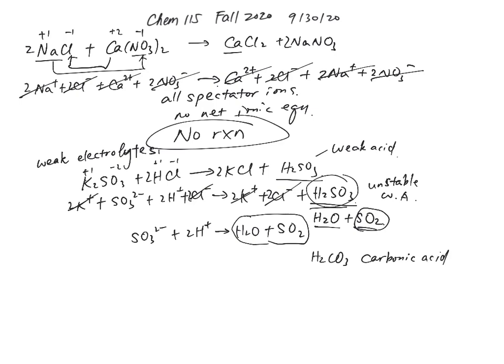Okay, now it breaks down into water and carbon dioxide. And actually, now, this is the acid in soda. Okay, now every time you drink soda, you have that tingly feeling on your tongue, right?